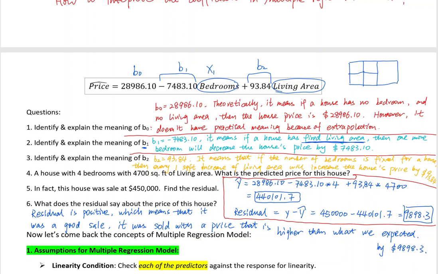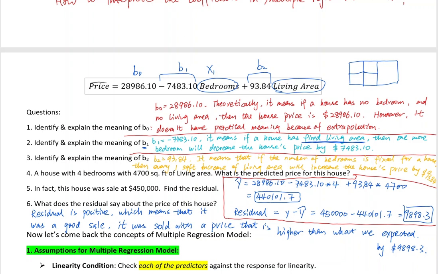So if the number of bedrooms is fixed for a house, then every square foot increase of the living area will increase the house price by $93.84.